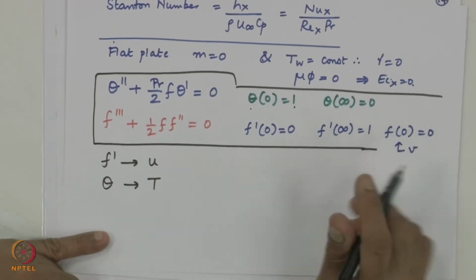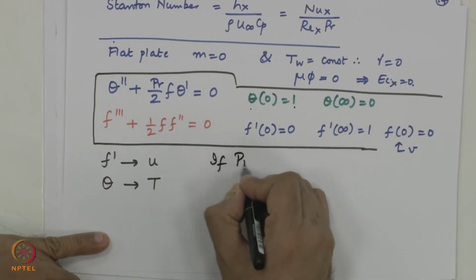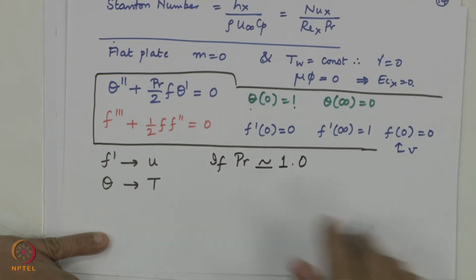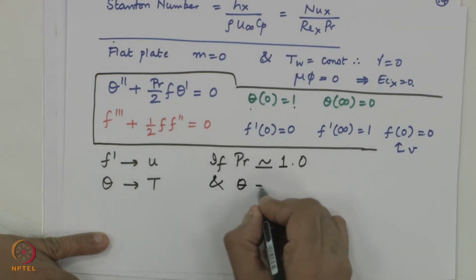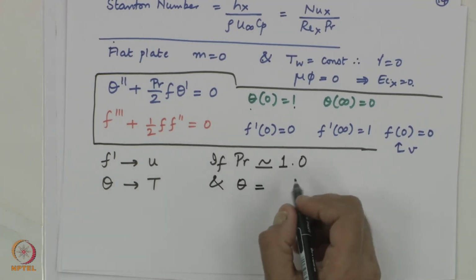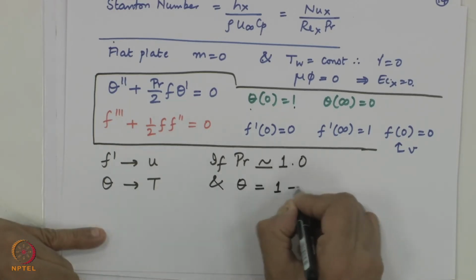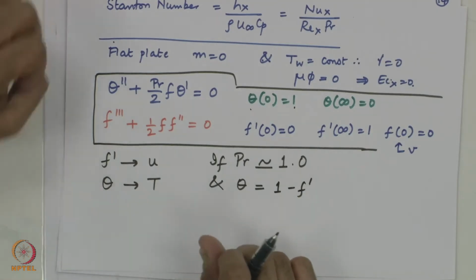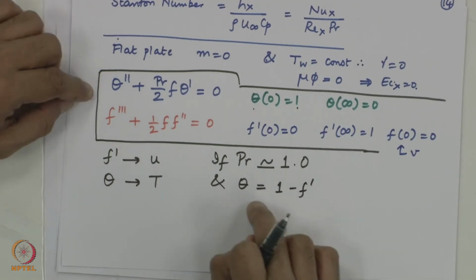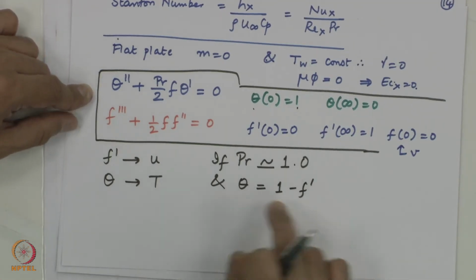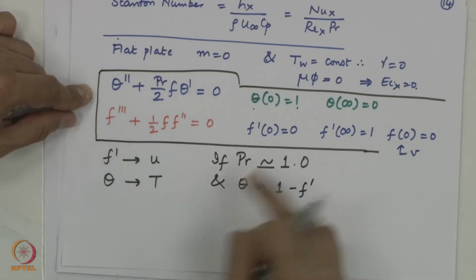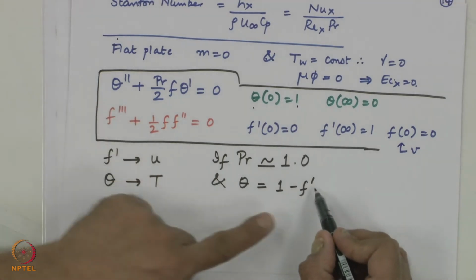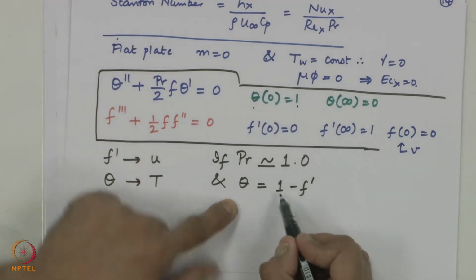So what we are trying to say is, if Prandtl number is equal to 1 and we define theta equal to 1 minus f prime, then you substitute here theta of 0 and f prime of 0.